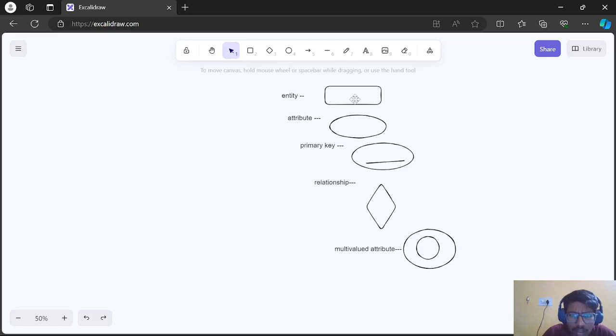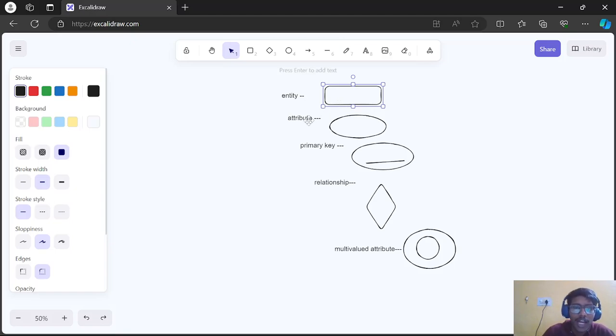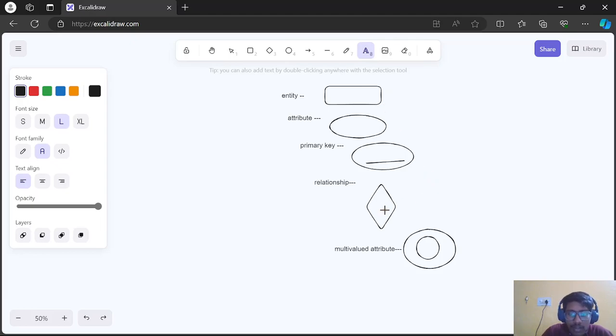And so these are the basic shapes that we are going to draw in an ER diagram. This is the shape of an entity, which is nothing but a rectangle. The attribute shape is an oval. The primary key would be represented as an oval with an underline inside it. And the relationship would be represented as a diamond.